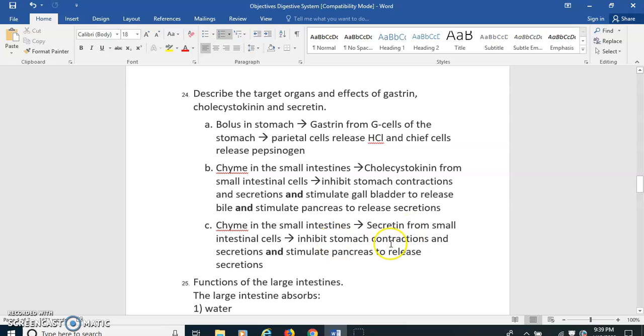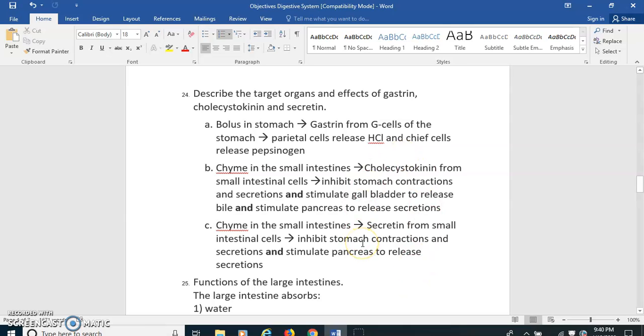We talked about how that also inhibited stomach contractions and secretions like the cholecystokinin. But what it does in addition is stimulate our pancreas to release secretions as well. So these two hormones have a role in stimulating our gallbladder and our pancreas during this process.